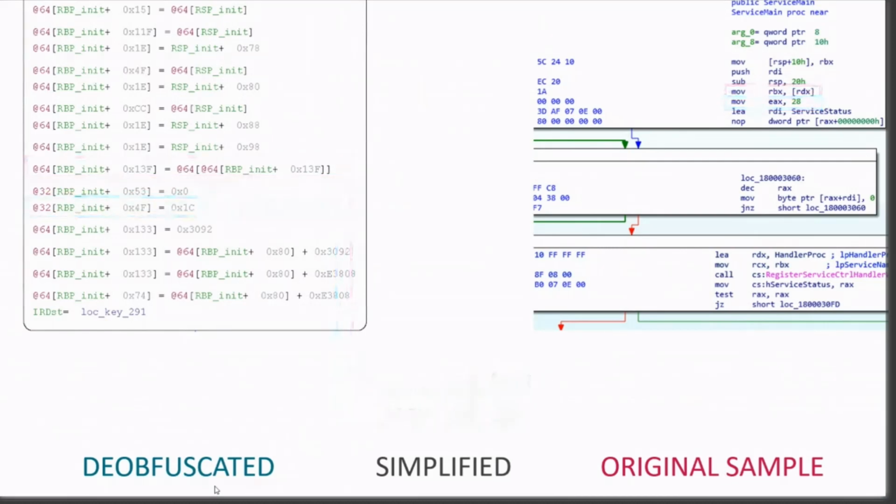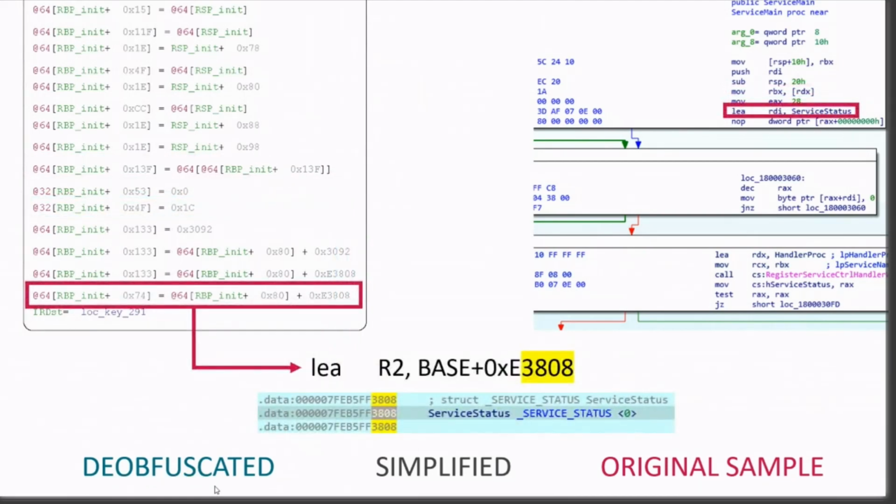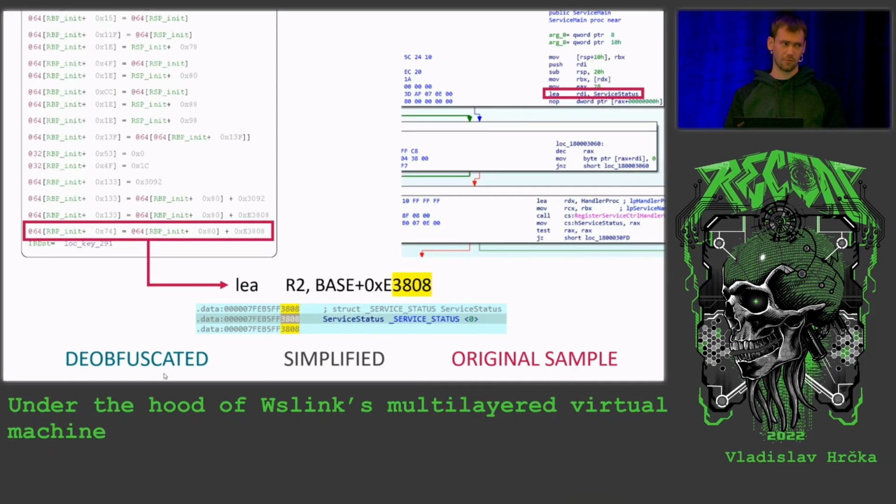And now we can go on and compare the rest of the function, or the first part of the function. So here we can see that it uses this virtual register at offset 80, and it contains the base address of the code, so it can perform relocations dynamically.